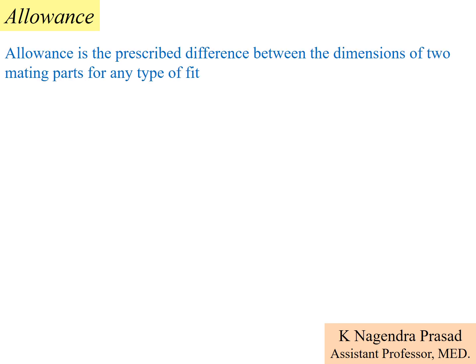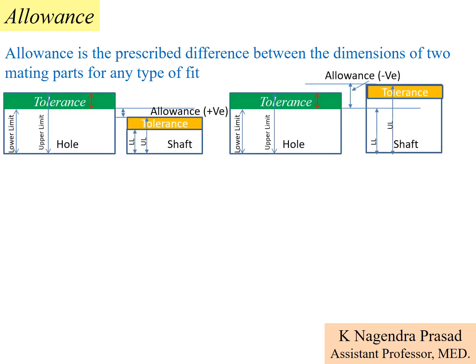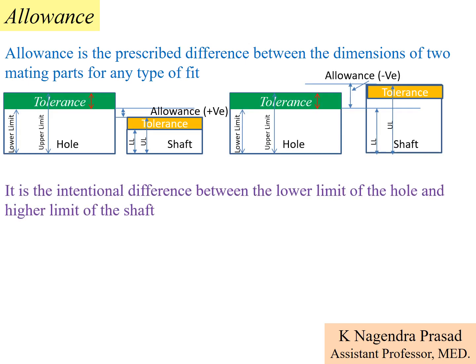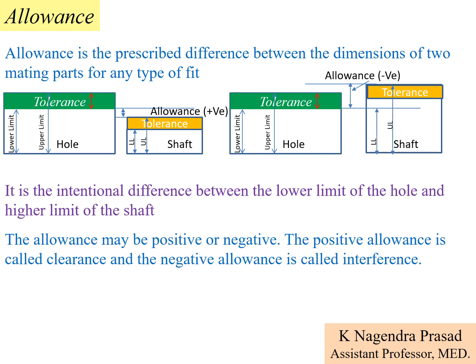Next we have to see what is meant by allowance. Allowance is the prescribed difference between the dimensions of two mating parts for any type of fit. It is the intentional difference between the lower limit of the hole and the higher limit of the shaft. The allowance may be positive or negative.